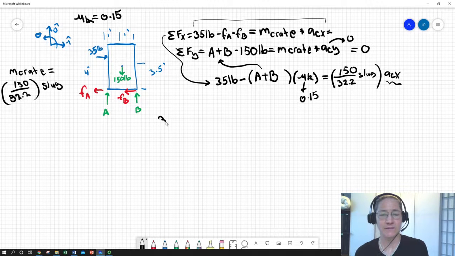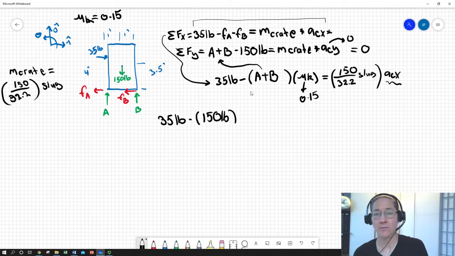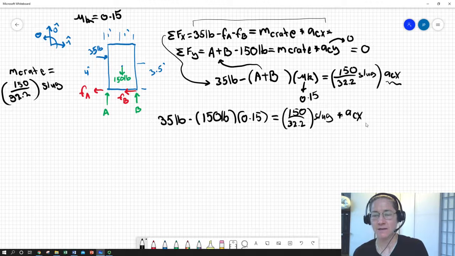Basically I have 35 pounds minus 150 pounds, which is A plus B via our equation of equilibrium in the y, times mu k equals 150 divided by 32.2 slug, there's our mass, times ACX. And so if we solve this for ACX, we get 2.68 feet per second squared.